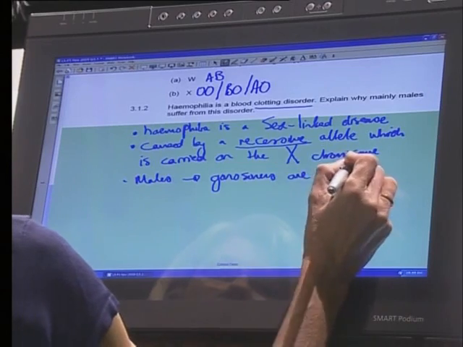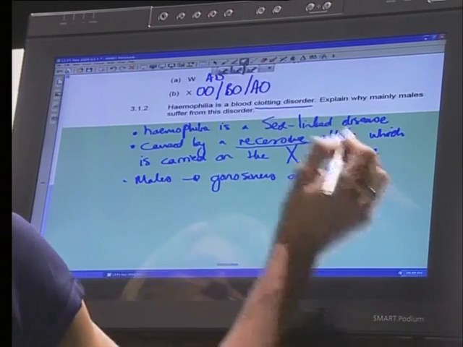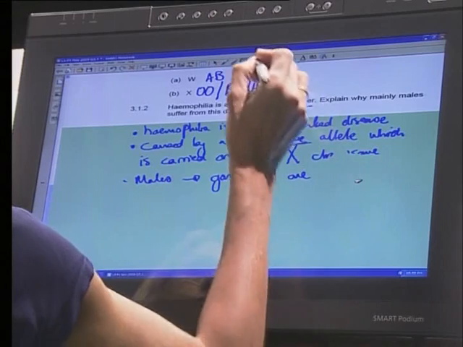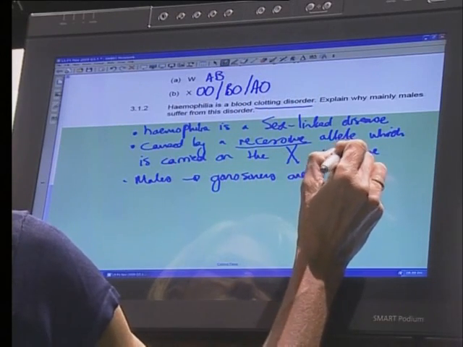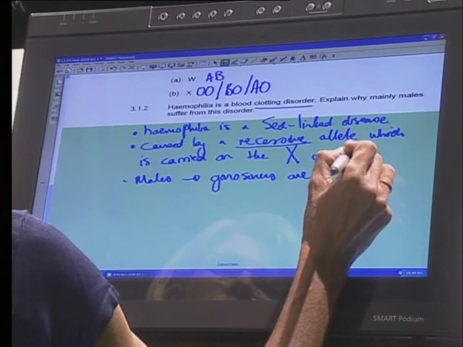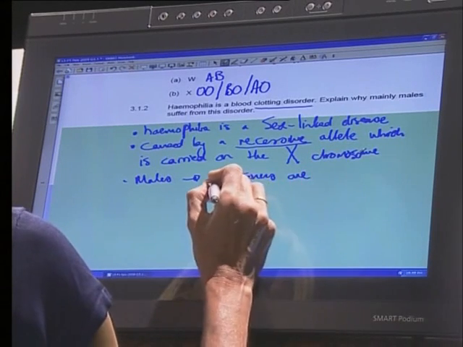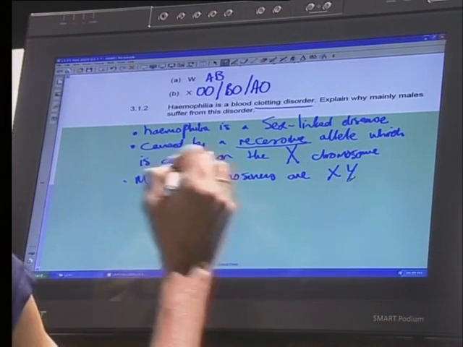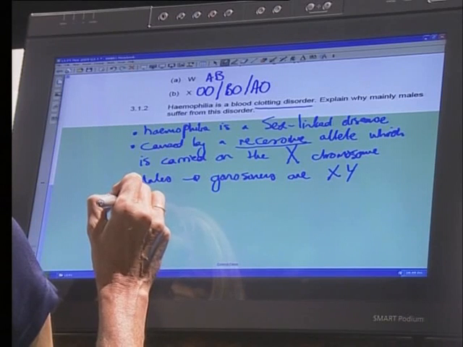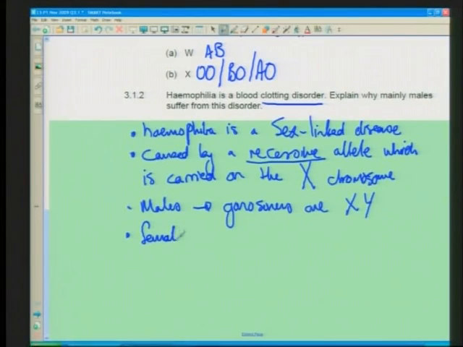So the male gonosomes are XY, whereas with your females the gonosomes are XX.